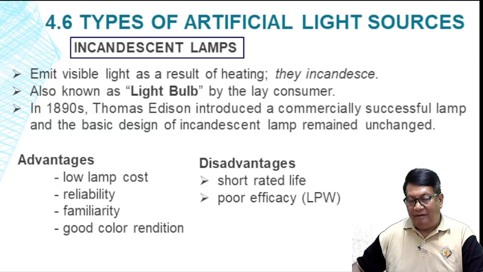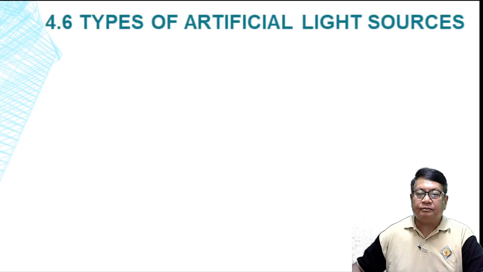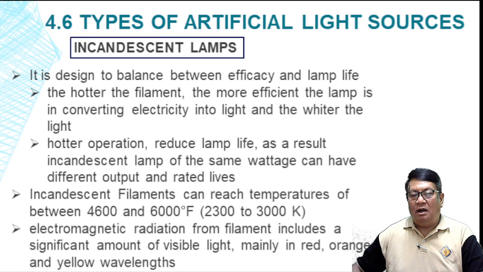Now we have the disadvantages. Short rated life, so the lifespan is shorter. Then we have poor efficacy, in lumens per watt, so the efficiency of producing light is less. This incandescent lamp is also designed to balance between efficacy and lamp life.